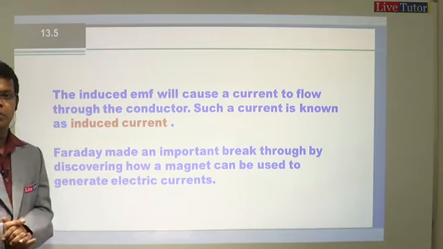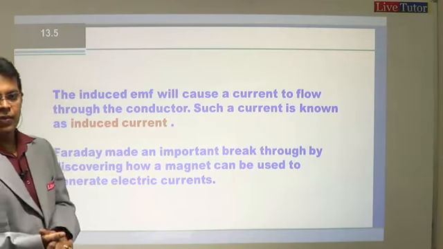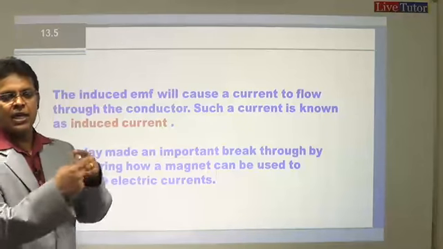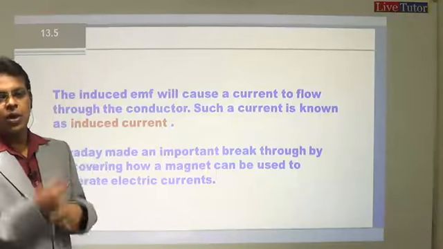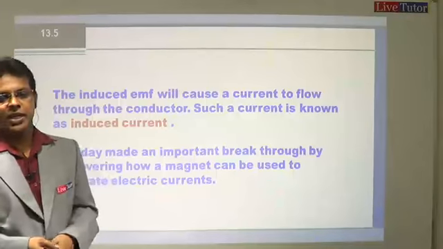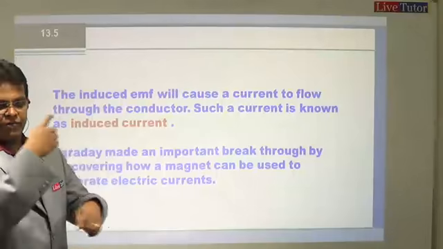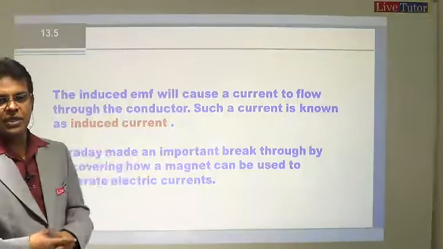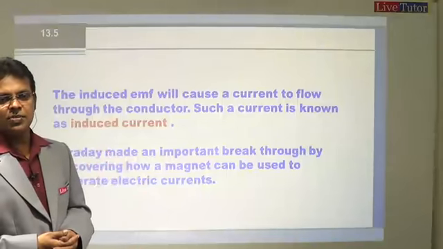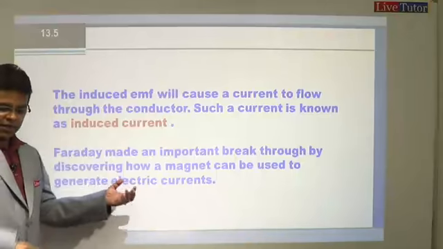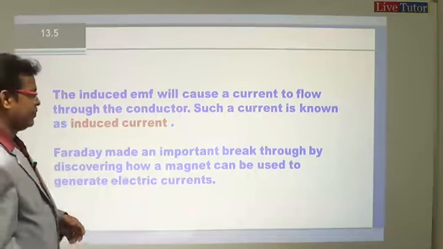For example, in a hydel power plant, the mechanical energy of the water is used to move a big turbine. When the turbine moves, the coil attached to it starts moving, which produces electricity. These things may not be possible if this breakthrough was not there. Such a great discovery.